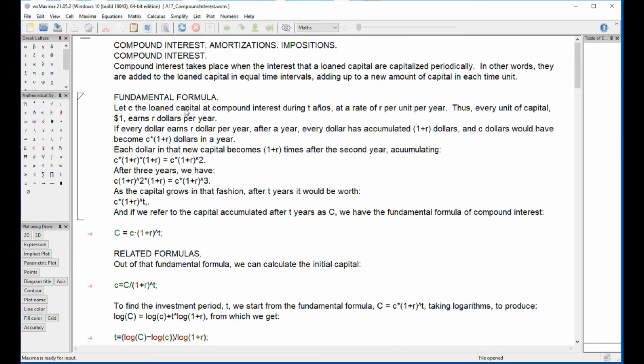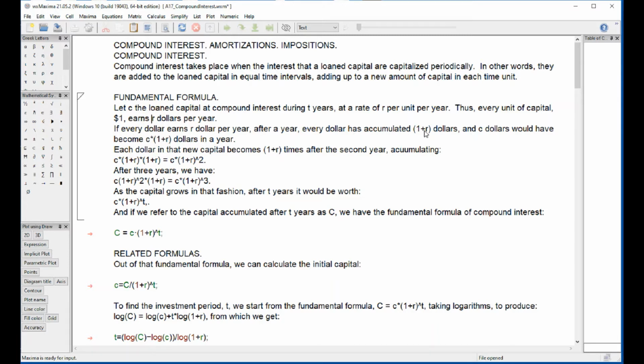Here you have a capital C, a certain amount of money that you loaned at an interest rate of R per unit per year during T years. Sometimes it's written bilingually. So $1 earns R dollars in a year.